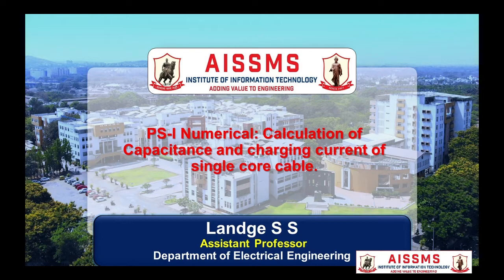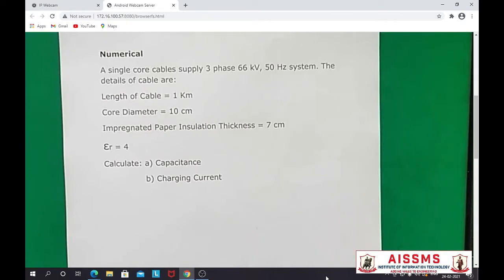In this video, we are going to solve PS1 numerical. In this numerical, we are going to calculate capacitance and charging current of single core cable. A single core cable supplies a 3-phase 66 kV 50 Hz system.